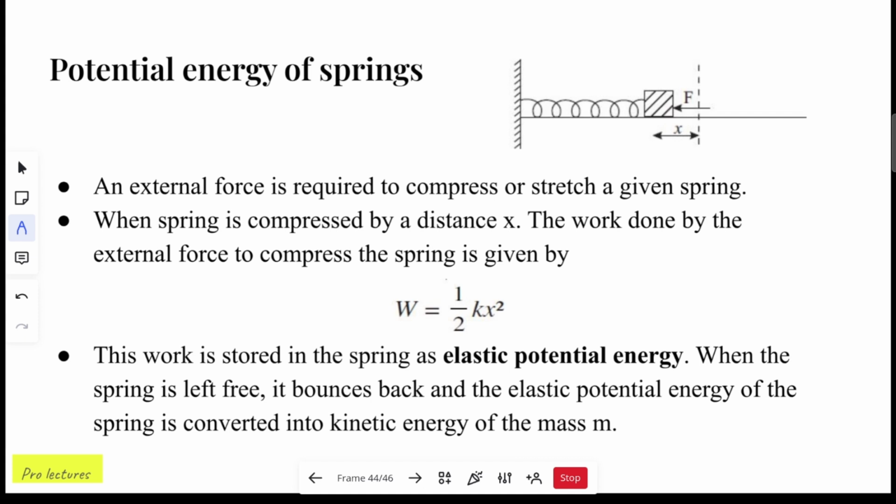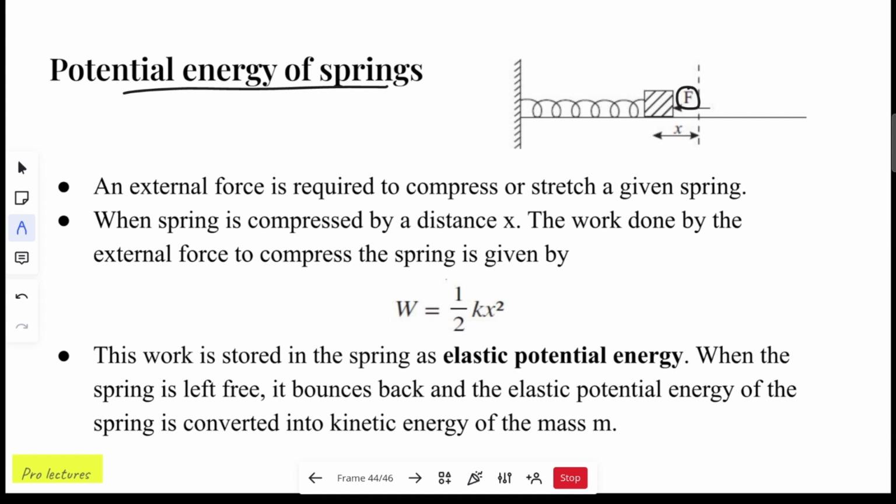One more potential energy example would be potential energy of springs. Suppose an external force is applied to compress or stretch a given spring. The external force be F. Suppose the spring is compressed by, say, a distance x. The work done by the external force to compress the spring, we found it to be half kx square. This work is stored as elastic potential energy in the spring.